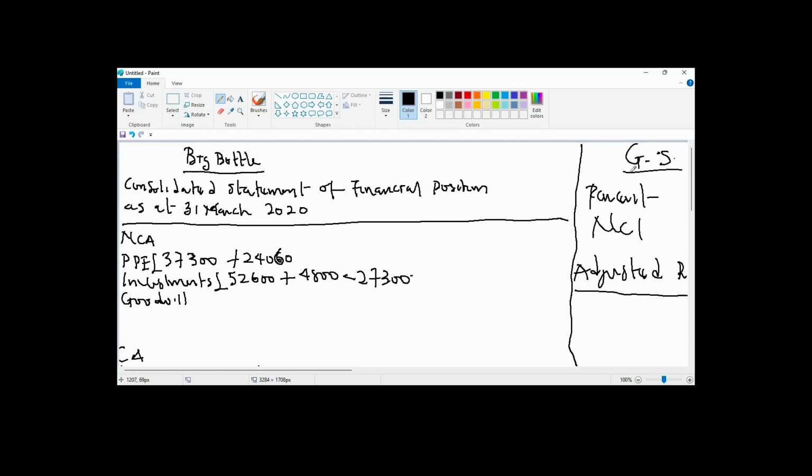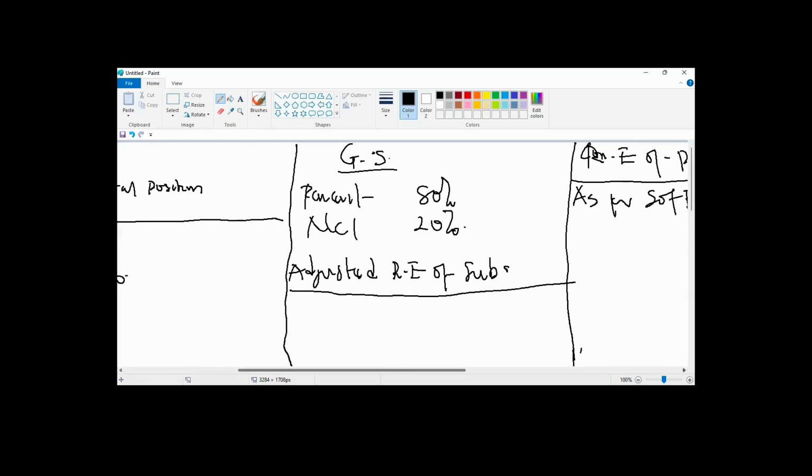The question further says, when the retained earnings of Small Bottle Limited was 12,500. Retained earnings is part of the net assets. First of all, as per SOFP, what was the retained earnings?